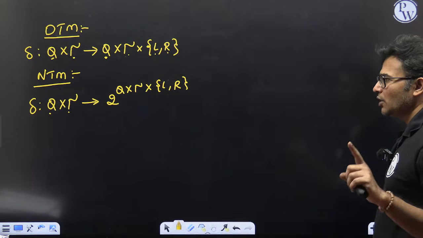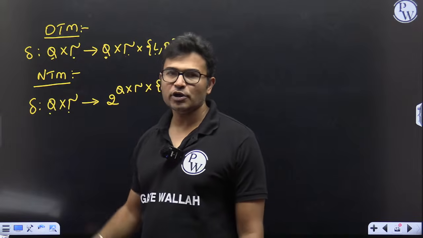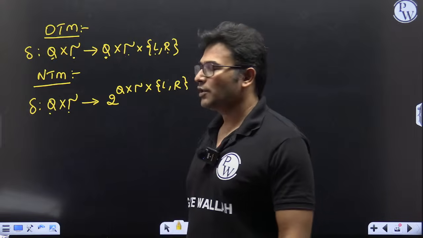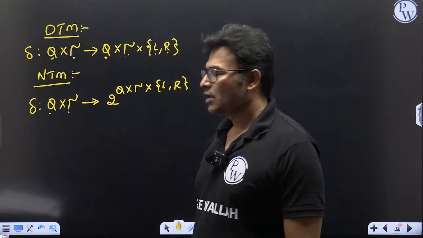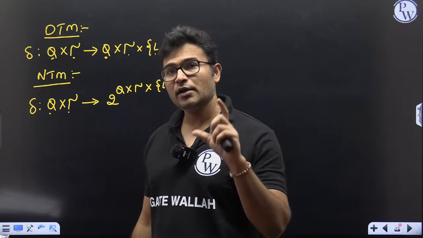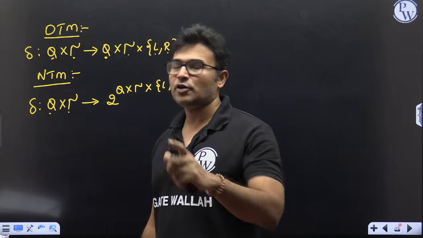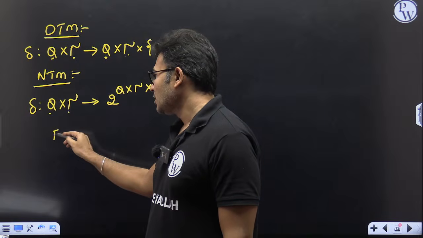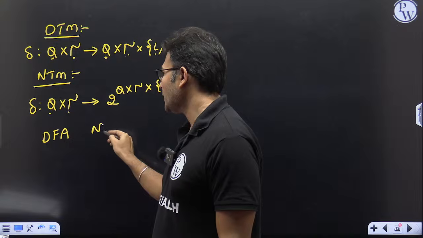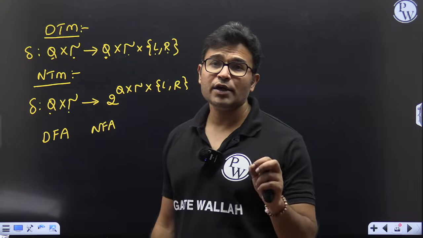Now one thing you have to observe here is that deterministic Turing machine and non-deterministic Turing machine are equal in power. So let us see what are the machines that we have seen so far. We have seen finite automata, in which we had DFA and NFA. In case of DFA and NFA, both are equivalent in power.